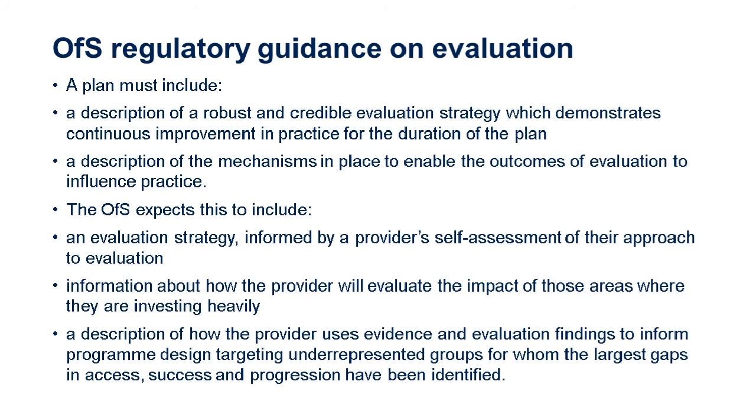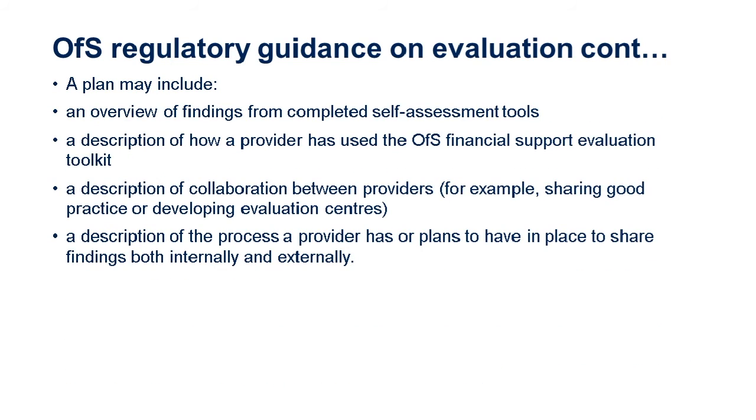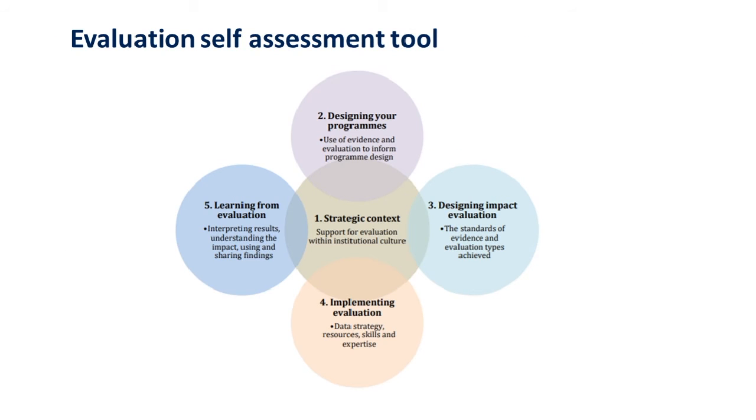And if you're investing particularly heavily in particular activities, we want to know how you will evaluate them. And then finally, how does evidence and evaluation inform program design? And these are just a few of the things that you may refer to or use as part of developing your evaluation strategy, and this includes the evaluation self-assessment tool, which I'm going to come on to next.